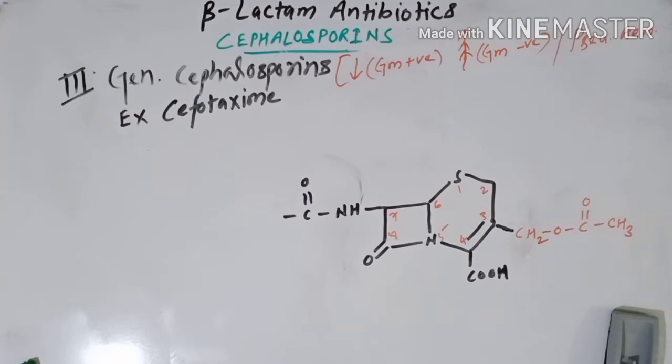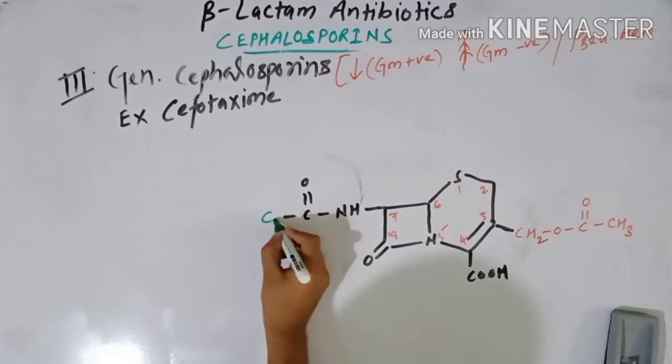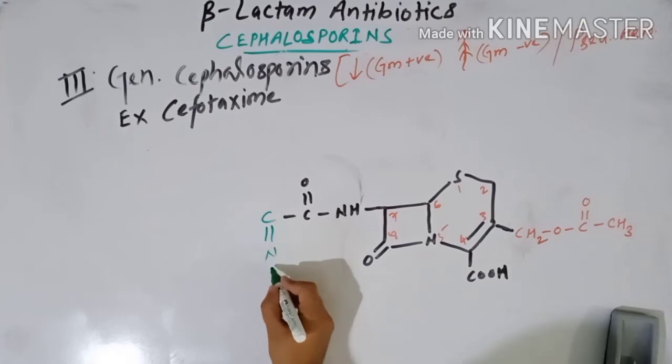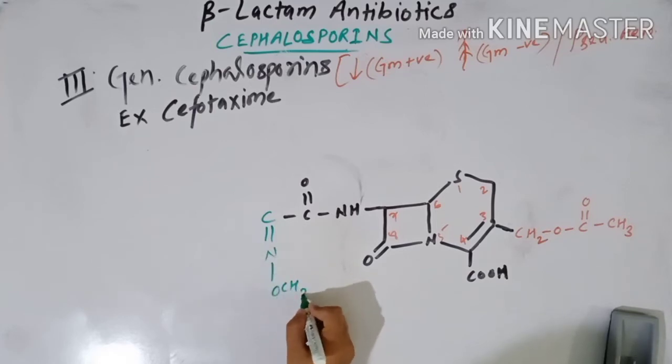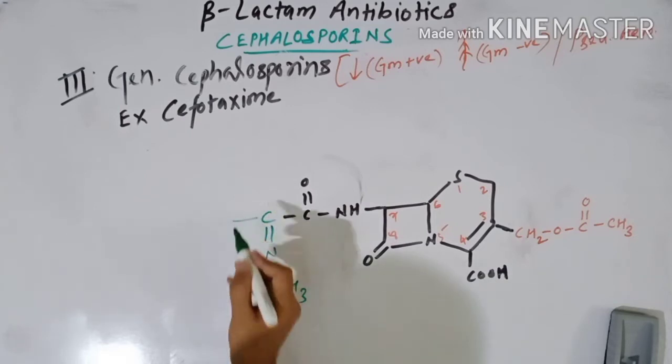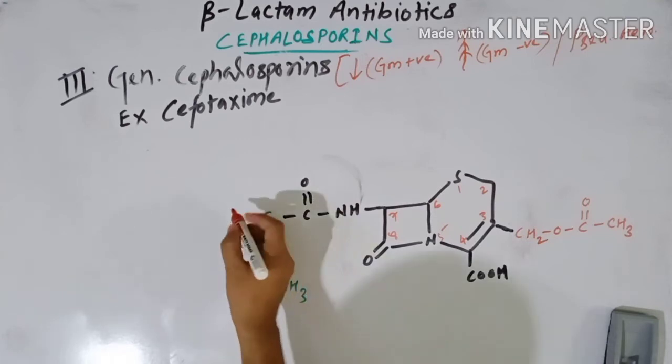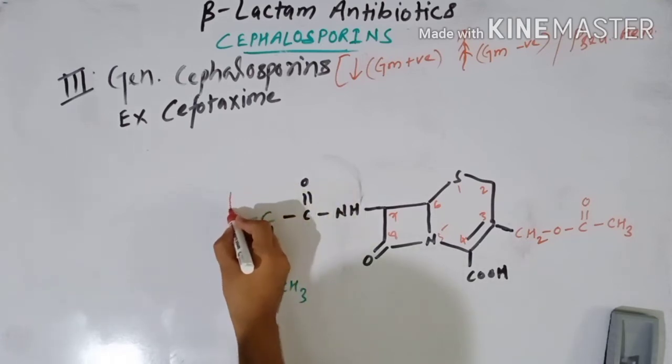Now the changes happen at this position. Over here there is a carbon, and this carbon is linked by a double bond to a nitrogen, and on this nitrogen a methoxy group is there. Now this carbon is again fused with a thiazole nucleus. How?